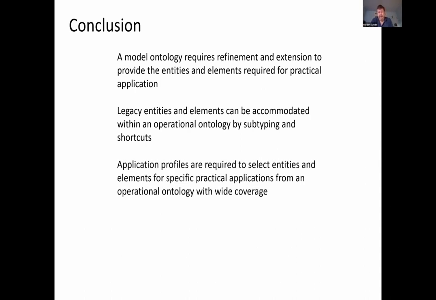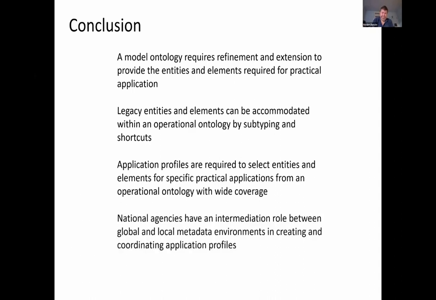Application profiles are required to select entities and elements for specific practical applications from an operational ontology with wide coverage, such as RDA or ISBD. And finally, national agencies have an intermediation role between global and local metadata environments in creating and coordinating application profiles.